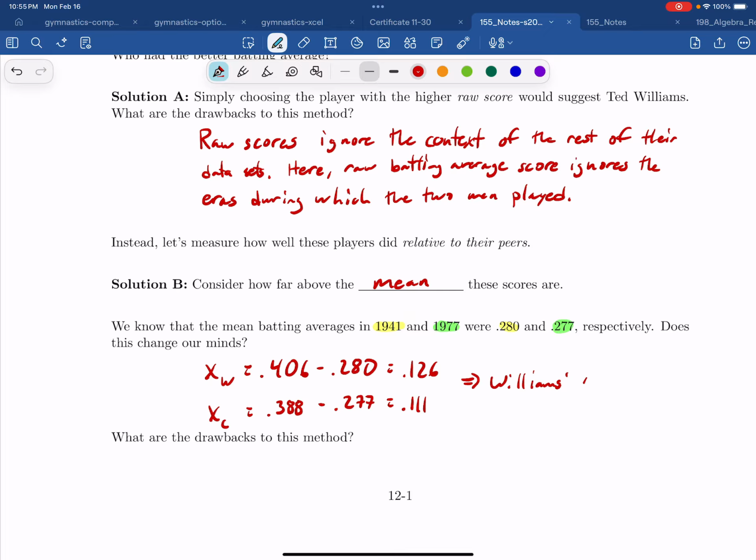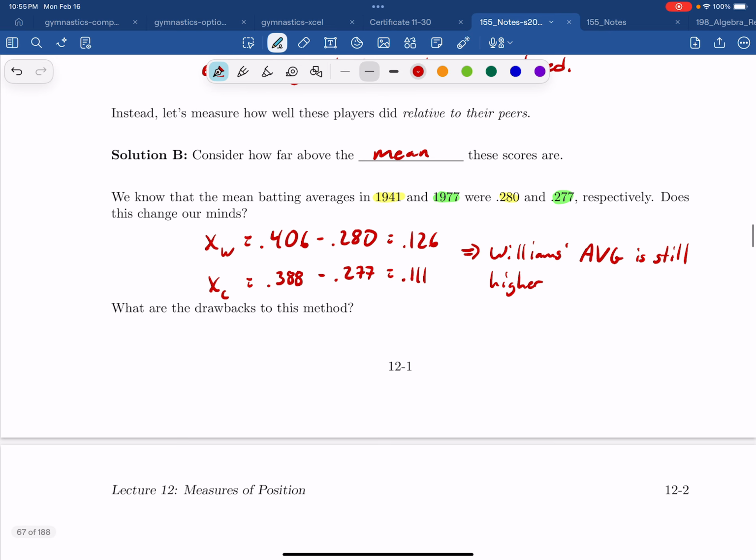So Williams' batting average, this is the symbol for batting average, is still higher, even after considering the mean. Okay, but what are the drawbacks to this method? Well, if we think about last section, spread is ignored.